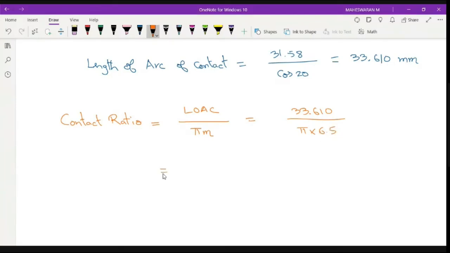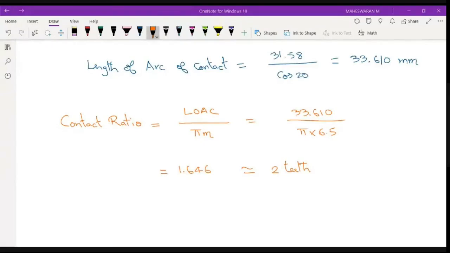What is your contact ratio? 1.646 approximately. So 2 teeth are in contact. Okay, so when it is greater than 1.5, you can write it as 2. When it is lesser than that, you can write it as 1. Okay, so any doubt in this contact ratio? No. Can we proceed?